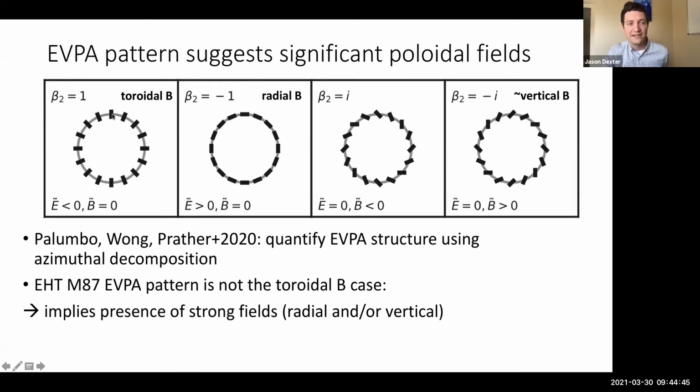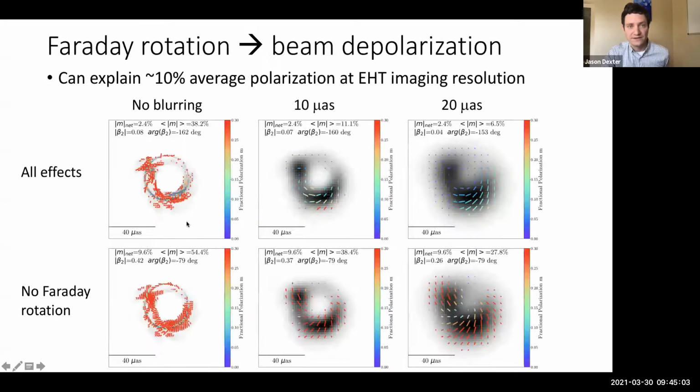We don't see the radial EVPA pattern corresponding to a toroidal magnetic field, and that suggests at least that we may have the presence of some poloidal component of strong magnetic fields near the event horizon in M87, some radial or vertical magnetic field component that stays important. Okay. So that would be qualitative result number 1.